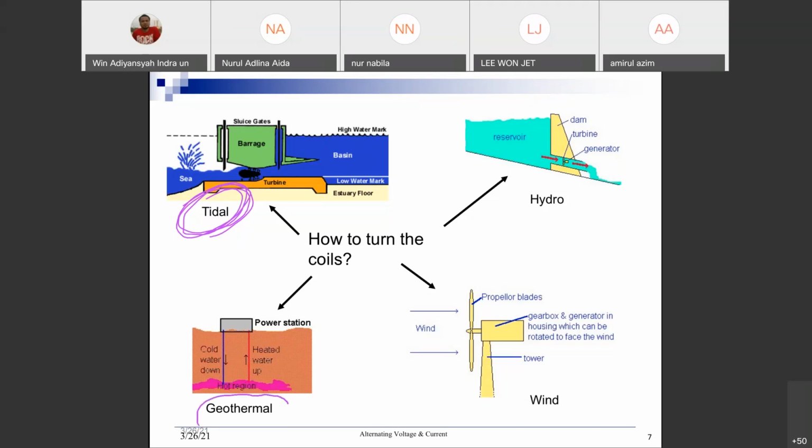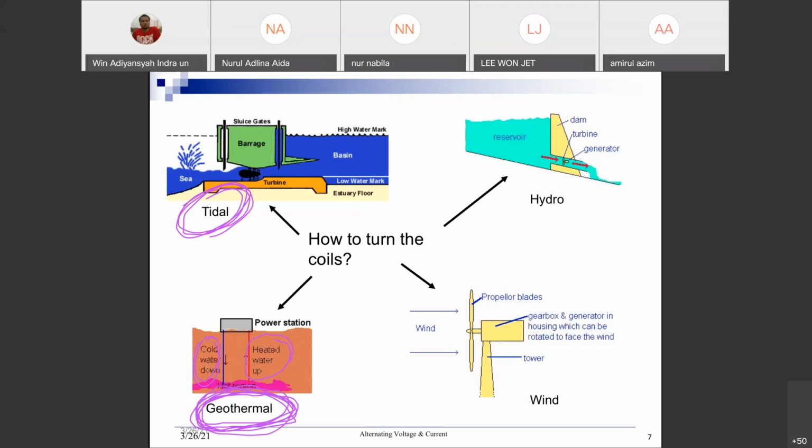There's also geothermal, called panas bumi in Indonesia. We use the difference between the heated water and the cold one. That difference is the source of the energy, which we use to turn the coil.